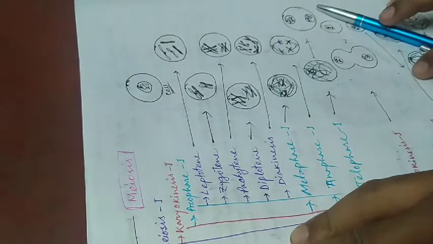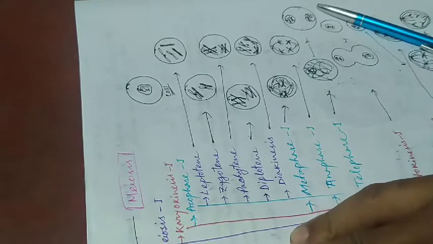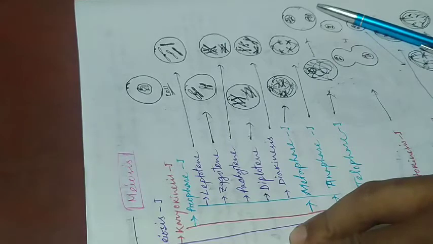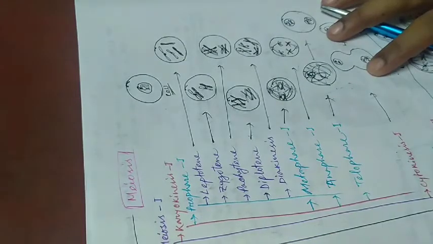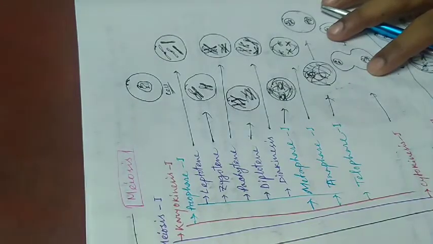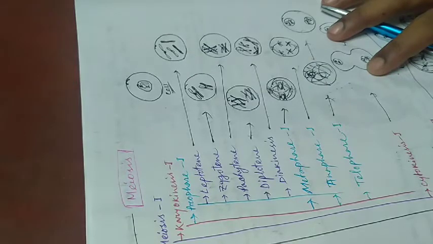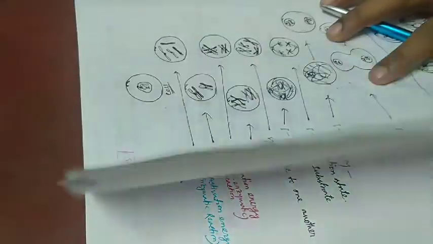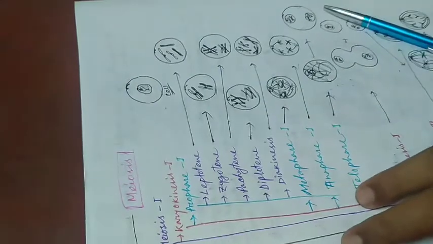The nuclease enzyme cuts the chromosomal part from the chiasma, and interchange occurs between two non-sister chromatids, and then the ligase enzyme helps to attach the chromosomal parts.